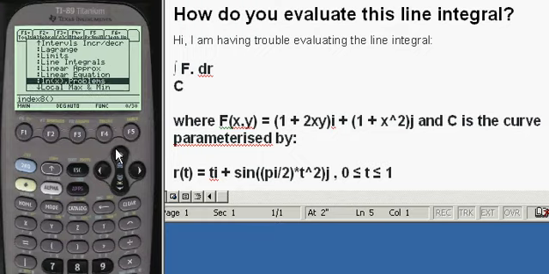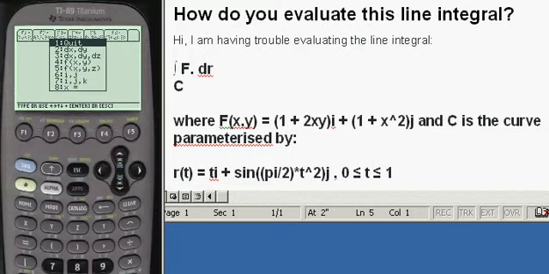So we're going to go down to line integrals and press enter, and choose number 6, I and J, because that's what they give you here. You have to get used to that in my programs a little bit. You have to think a little bit in college.